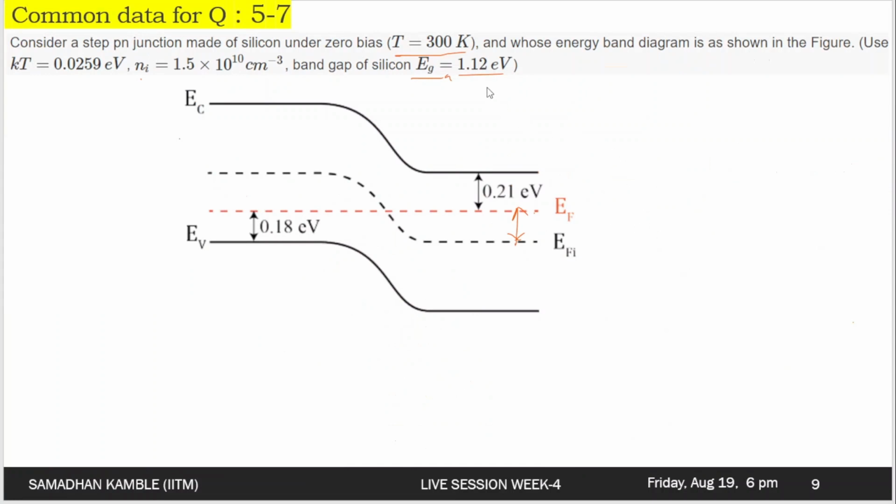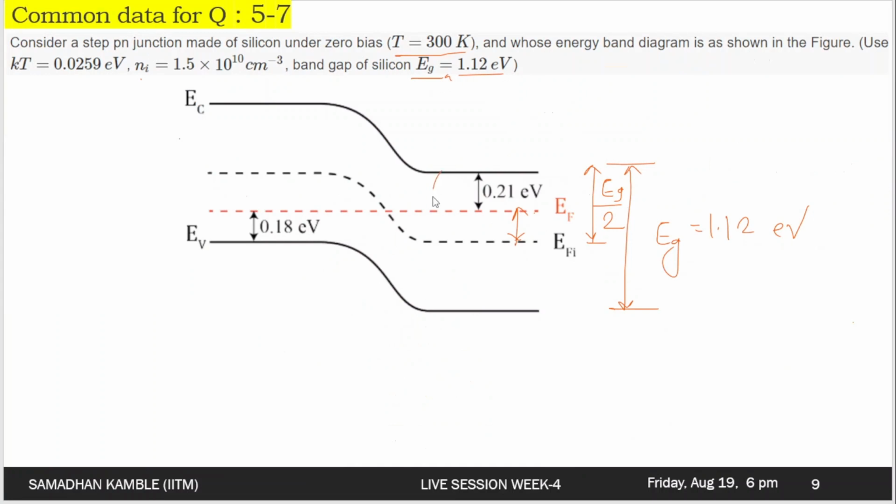We can use the fact that the band gap energy is given as 1.12 electron volt. As we know, the band gap is the gap between the conduction level and the valence level. So this is Eg, given as 1.12 electron volt. Also, we know that under zero bias, the Ei level is exactly at the middle of the gap. So this value is Eg over 2.